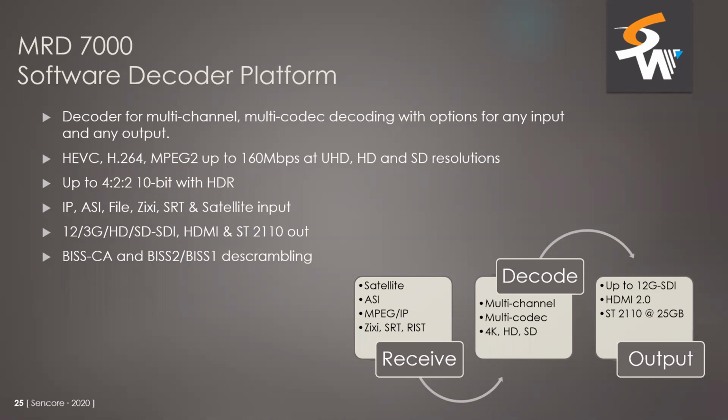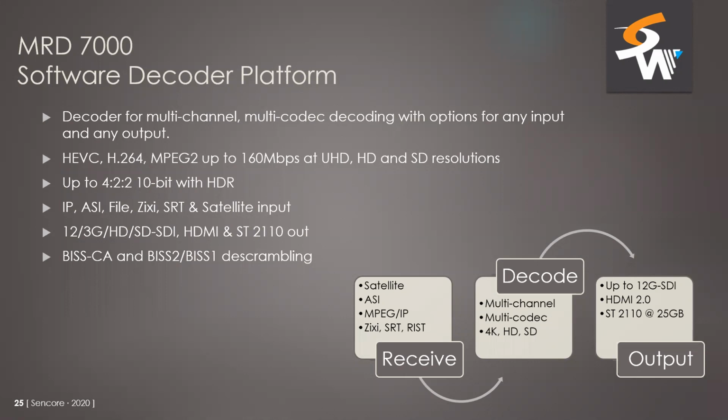So really, you can throw basically any type of input at this thing, physically or protocol-based, any codec, really, we can decode all of that, and then really all the different types of outputs, whether that's your traditional baseband SDI, 3G SDI, 12G SDI, or if you have a new IP-based baseband workflow using SMPTE 2110, we can natively output that as well.